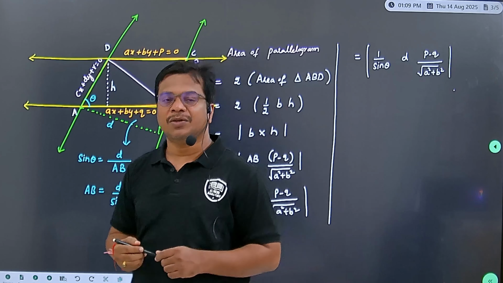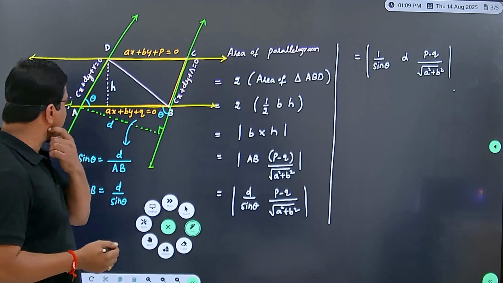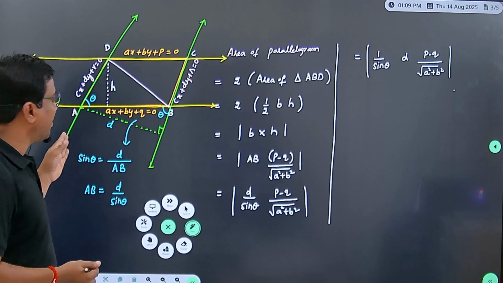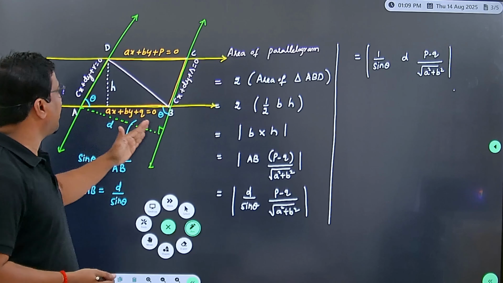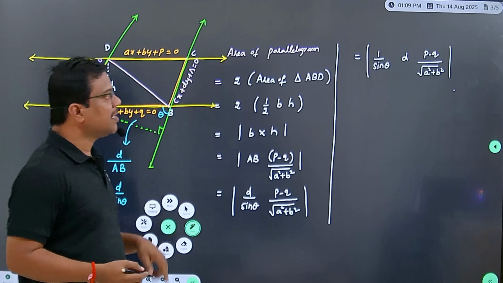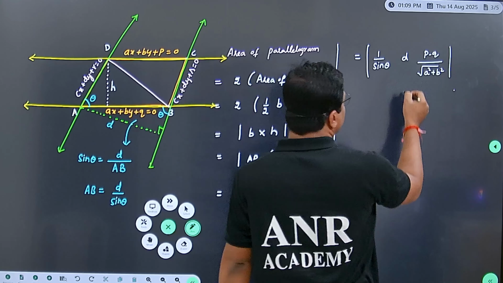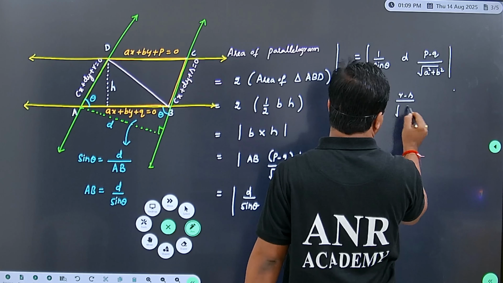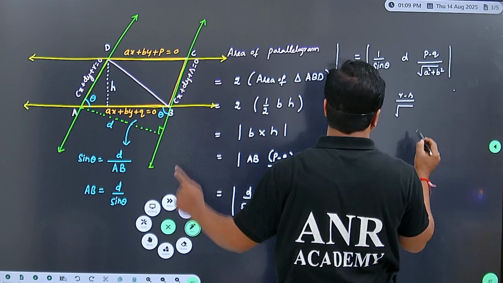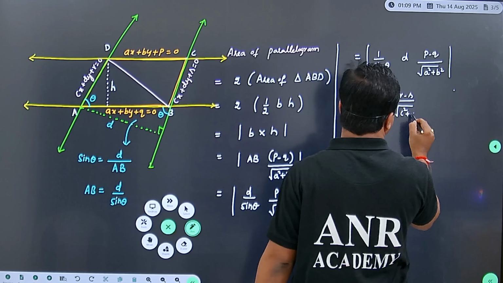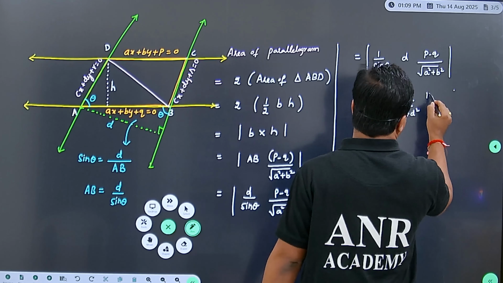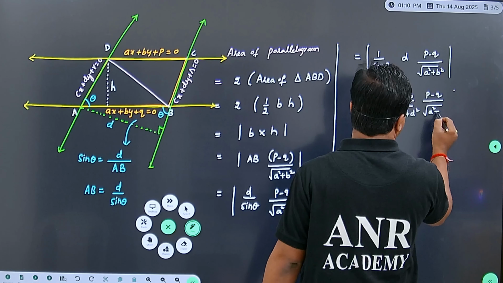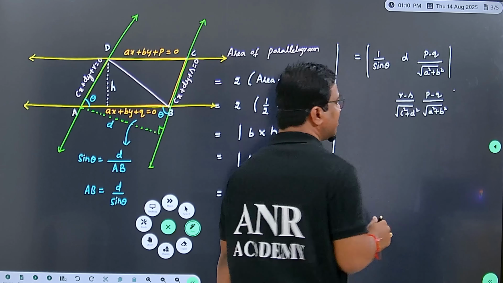Next, you know that d is the distance between parallel lines, so using the formula modulus of c1 minus c2 divided by root over a square plus b square, here I can write the difference of constants R minus S, so that the distance is R minus S divided by root over c square plus d square, and the last term P minus Q divided by root over A square plus B square is as it is.